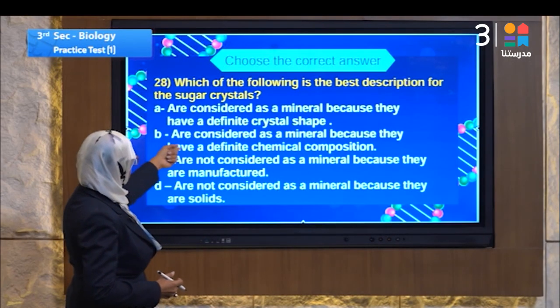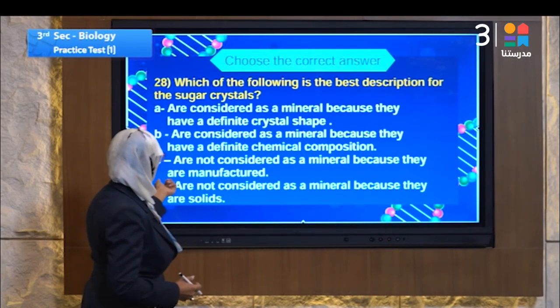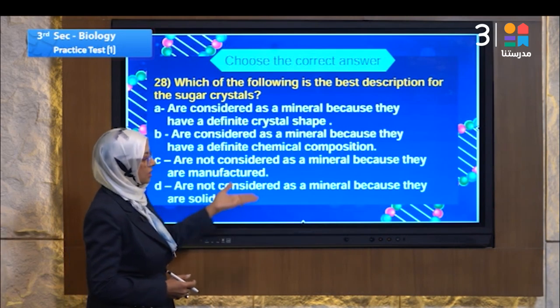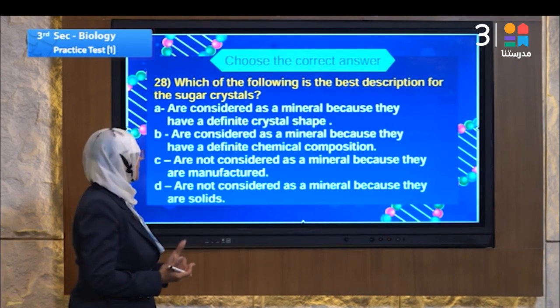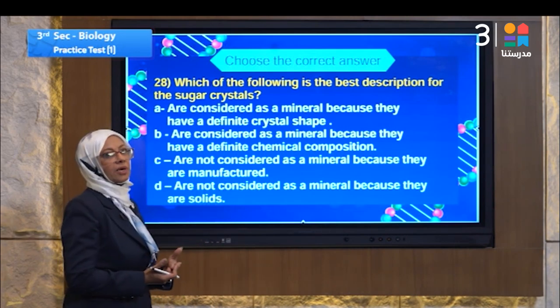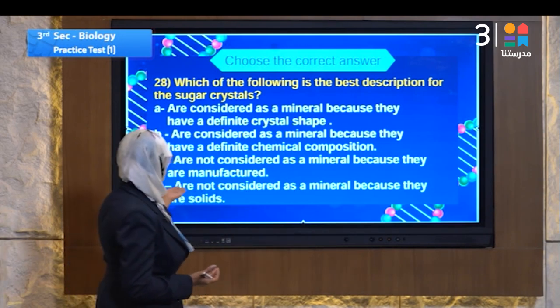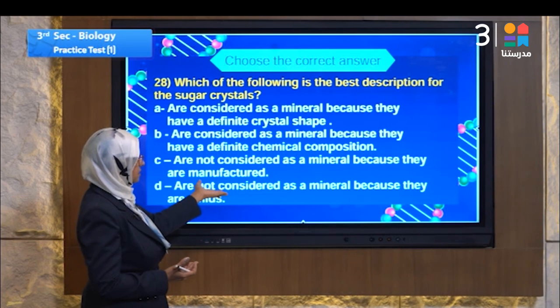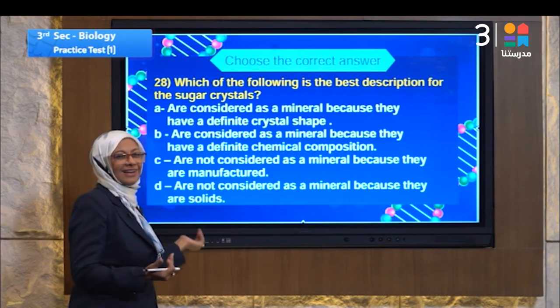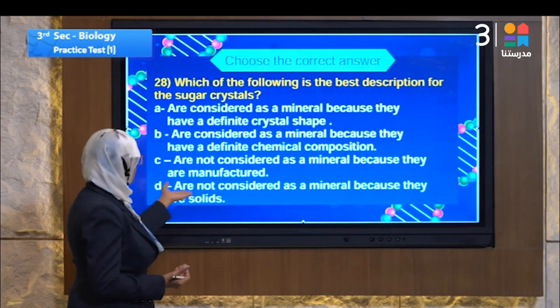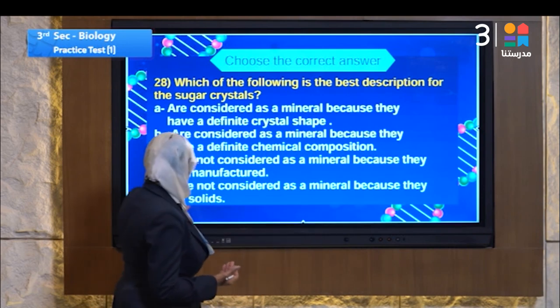Number B, are considered a mineral because they have a definite chemical composition. Yes, it has a definite chemical composition, but it's not a mineral. Number C, are not considered a mineral because they are manufactured. Sugar is manufactured. I like sugar. D, are not considered a mineral because they are solid.